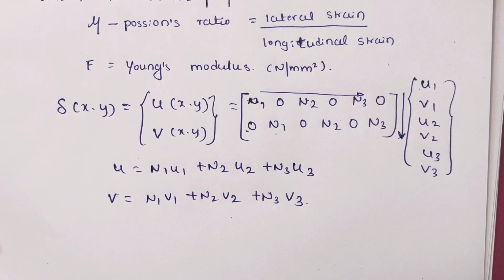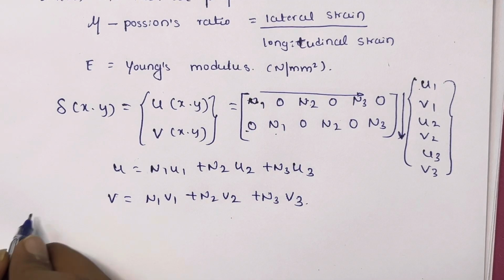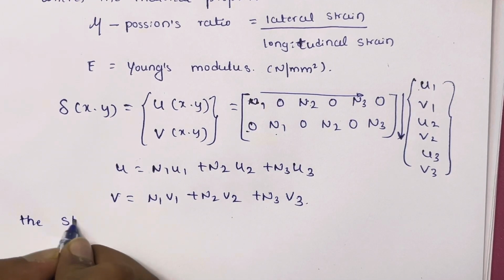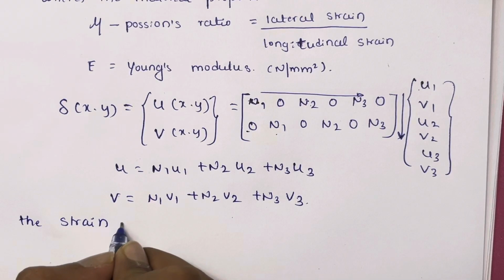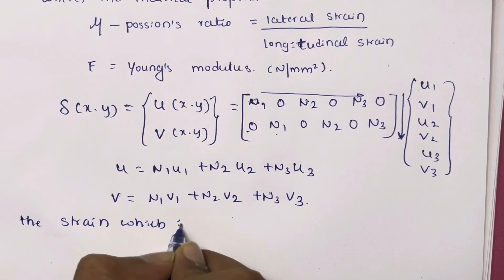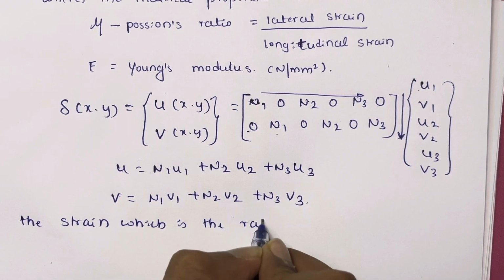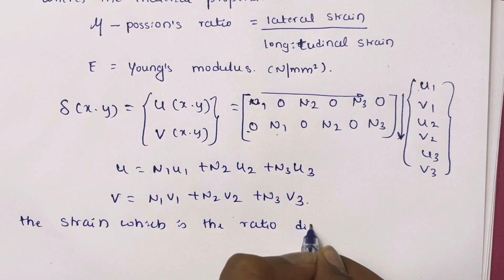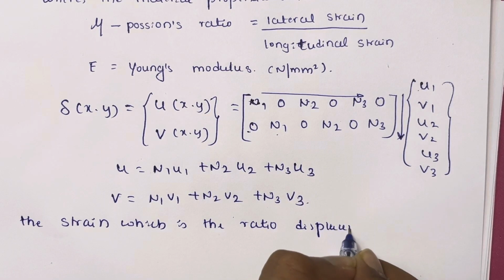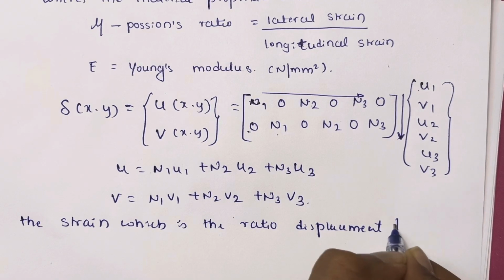Now we have to calculate the strain in this triangular element. The strain is the ratio of displacement to length.